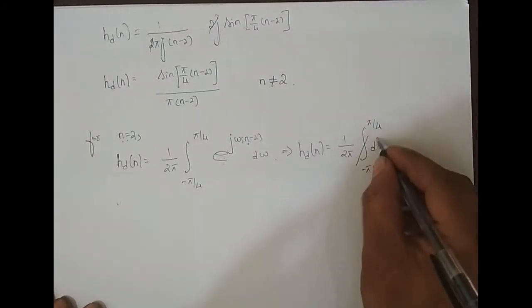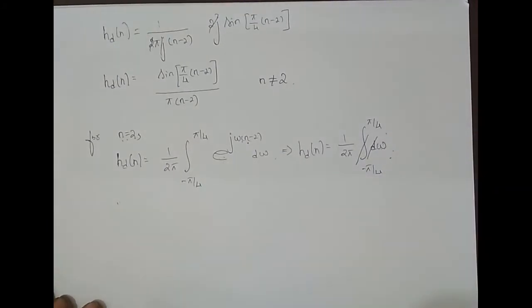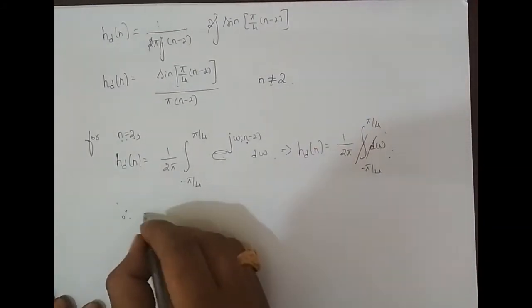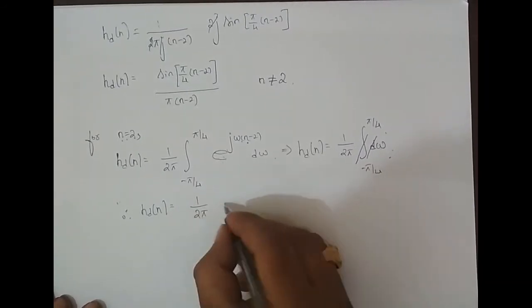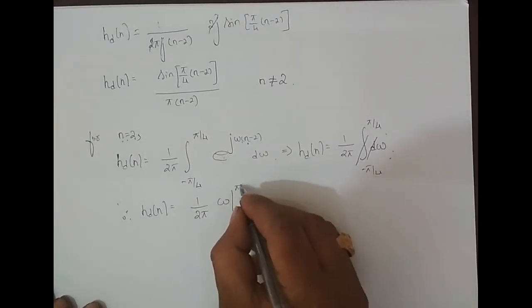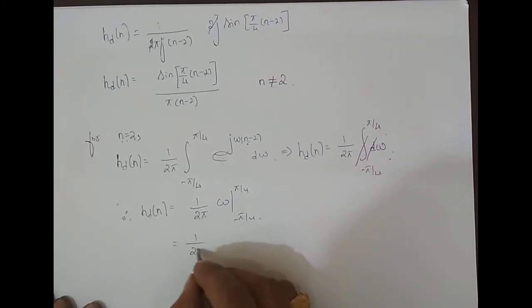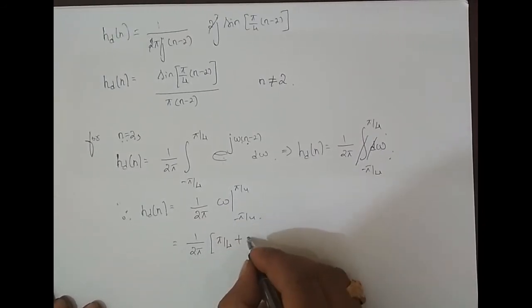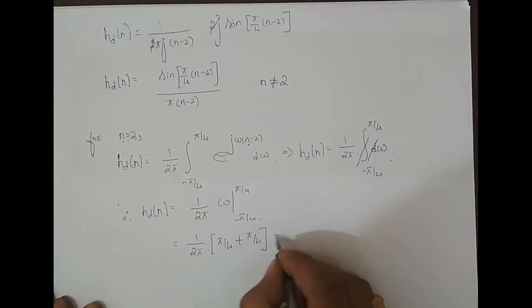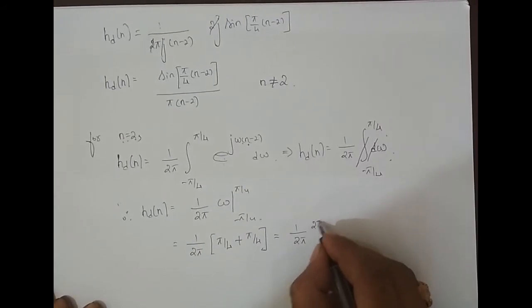So now integration and differentiation cancel out. I end up with omega with the limit minus pi by 4 to pi by 4. Therefore, hd of n is equal to 1 by 2 pi with omega in the limit minus pi by 4 to pi by 4. So this is equal to 1 by 2 pi, upper limit pi by 4 minus of minus pi by 4, which is 1 by 2 pi into 2 times pi by 4.